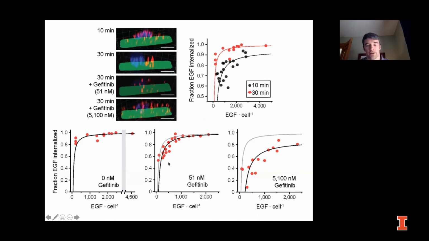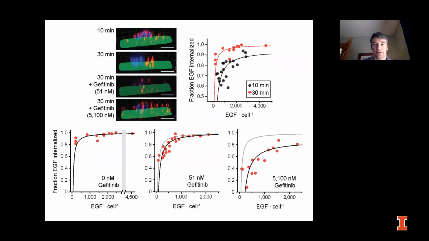With small levels of increase of gefitinib, the blocker, to high levels, which are well above the IC50 of this drug, what you see is that fewer of the receptors are internalized, which you would expect, but also there's a dependence on the number of stimulation events. And so this means that basically you can overcome this drug by simply stimulating more. And this is what you should expect to see too.